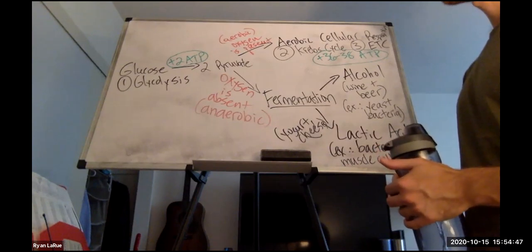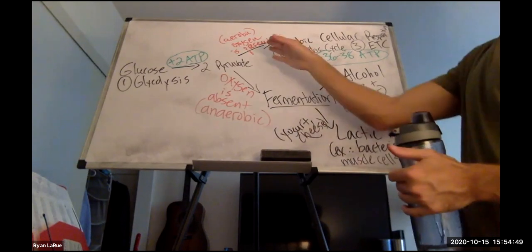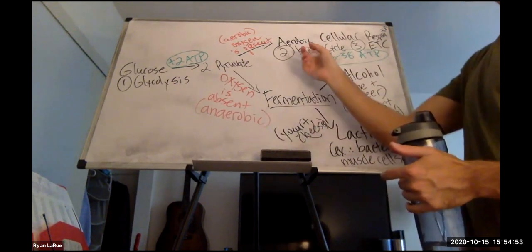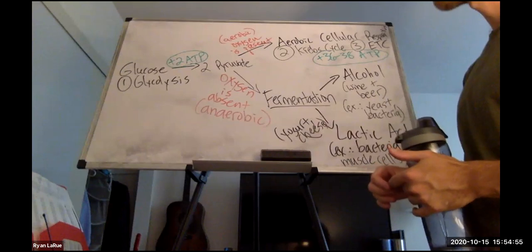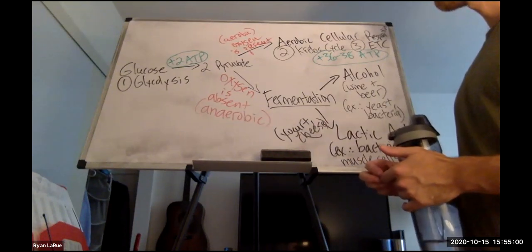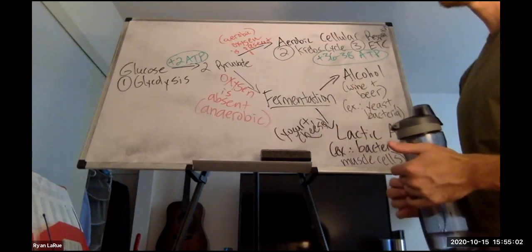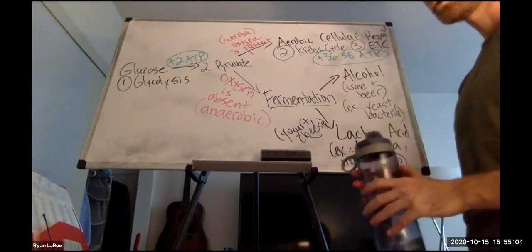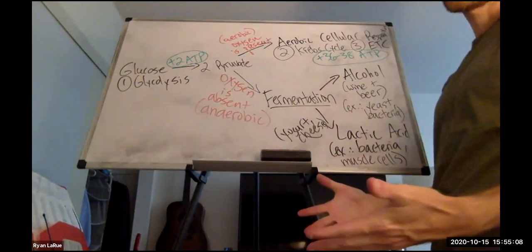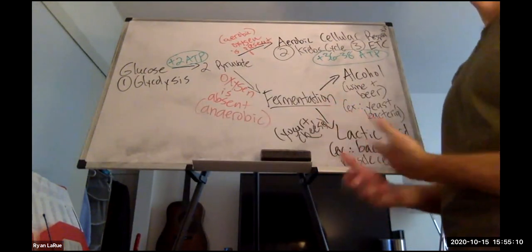But now that we're going to discuss this aerobic pathway and the Krebs cycle, pyruvate is actually going to move into a very important organelle for aerobic energy production, the mitochondria.